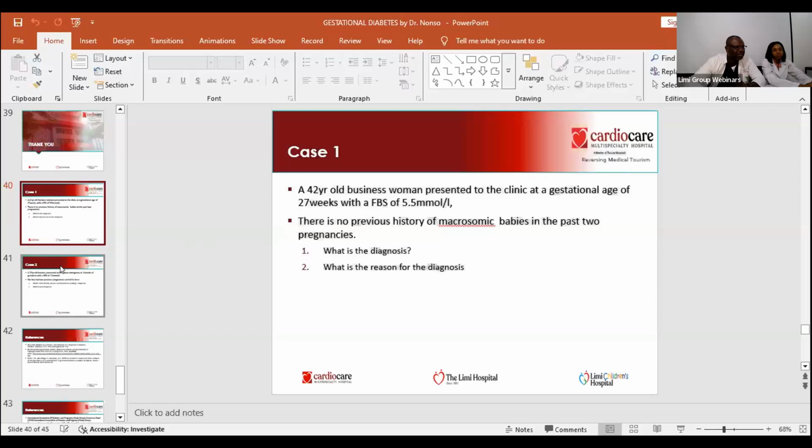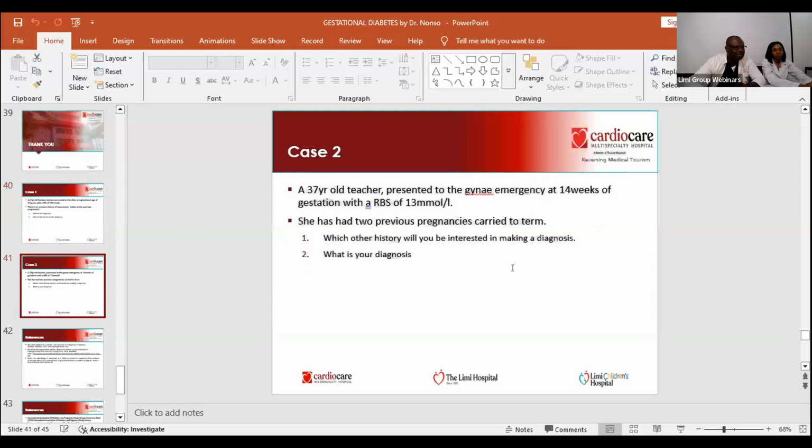Then the second question: a school teacher presented to the gynae emergency at 14 weeks. From the weeks, you know that we are not dealing with gestational diabetes.